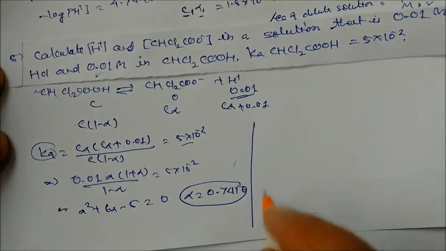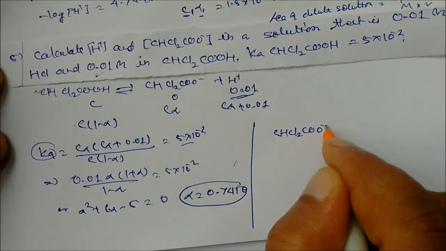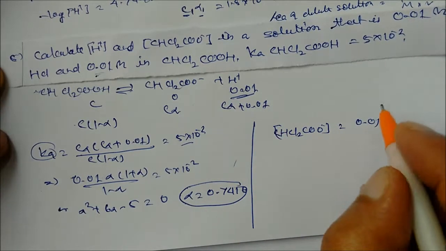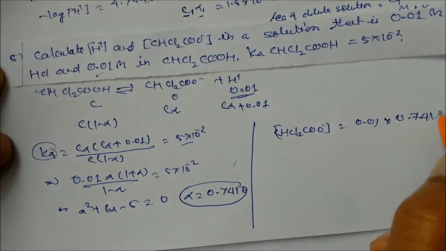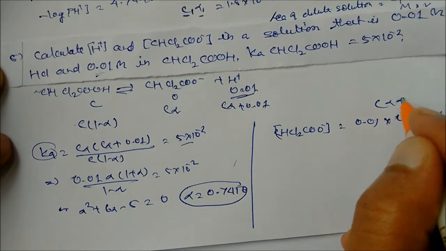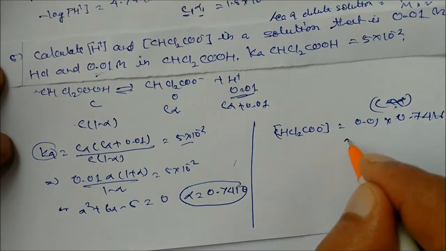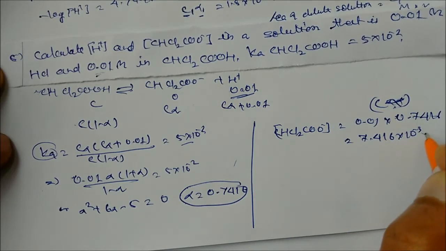Now the second part is, the concentration of CHCl2COO minus is how much? So this is 0.01 C into alpha. So this is 0.01 into 0.7416. So on solving you will get 7.416 into 10 power minus 3 molarity.